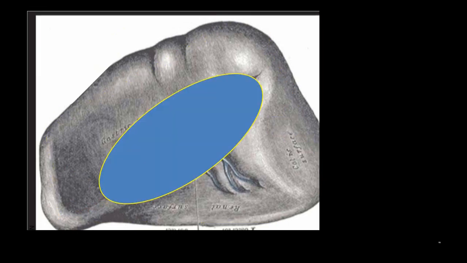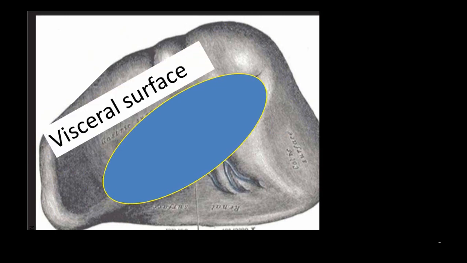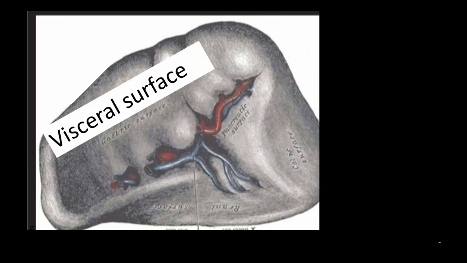Hilum of the spleen is present on the visceral surface of spleen. It is here where structures either enter or leave spleen. The structures which enter the spleen at hilum are splenic artery and its terminal branches, and sympathetic nerve fibers.